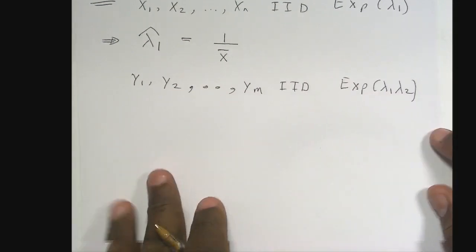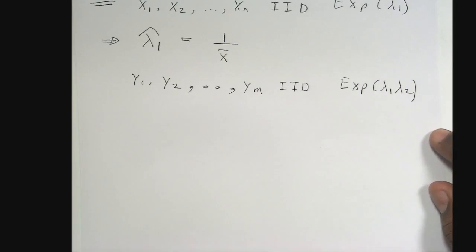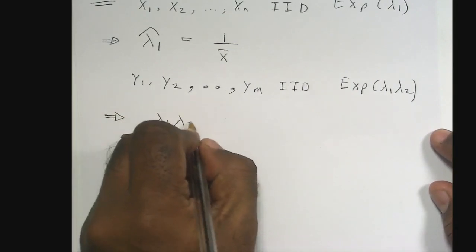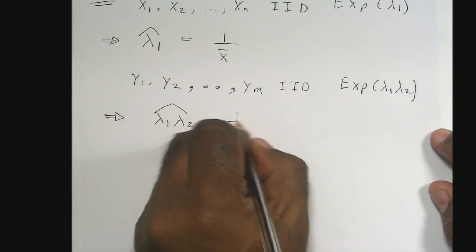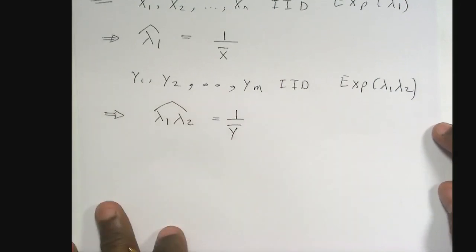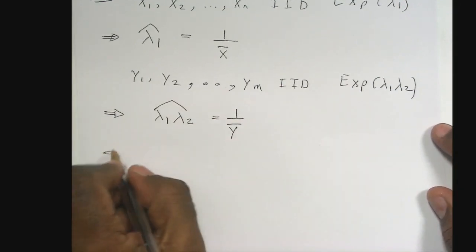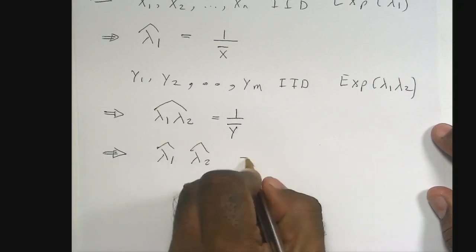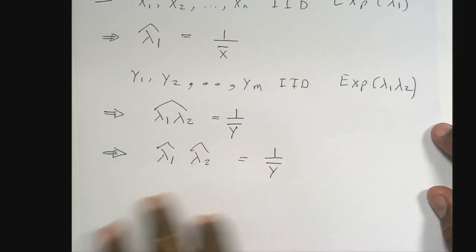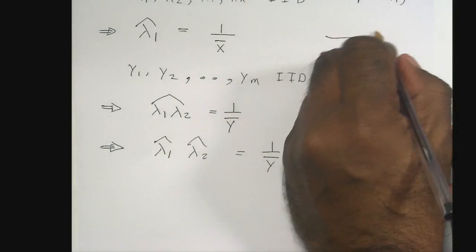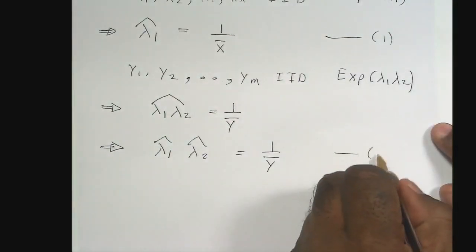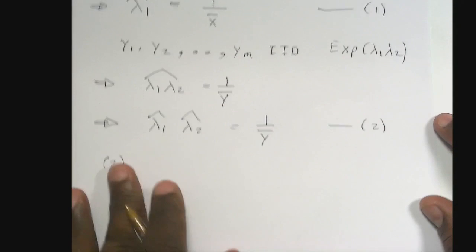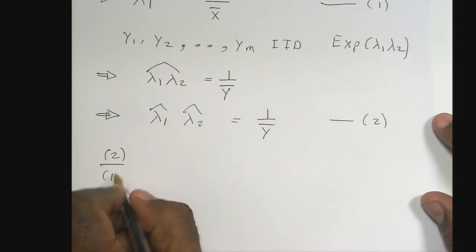Similarly, if you have y1, y2, and so on, then by the same argument, the MLE for lambda 1 times lambda 2 is 1 divided by y bar, which is the same as saying that the MLE for lambda 1 times the MLE for lambda 2 is 1 divided by y bar. Now call this equation 1, call this equation 2. We divide equation 2 by equation 1.